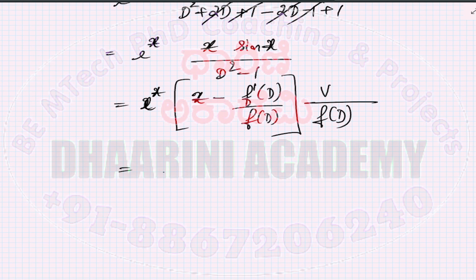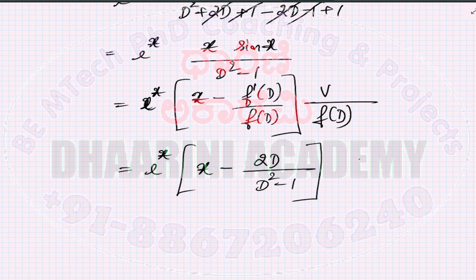So that's why this is e to the x into x minus 2d over d square minus 1 into sine x over d square minus 1. So replace d square by minus of 1 square, which is minus 1. So what happens now?